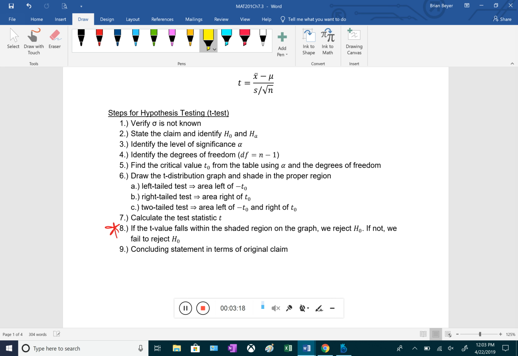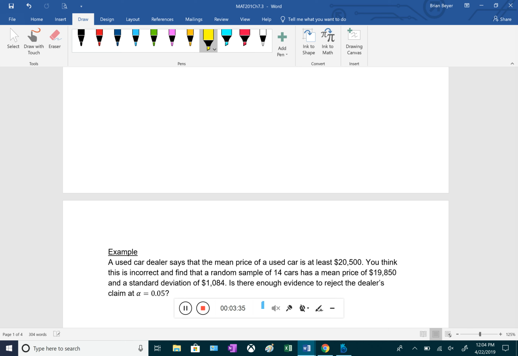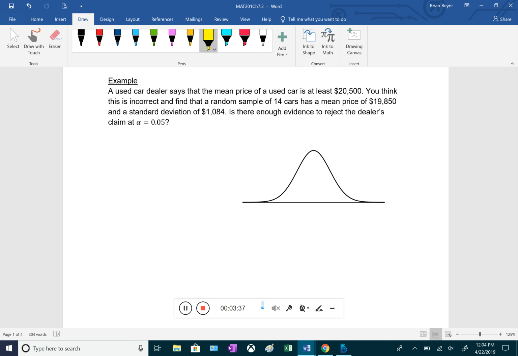If not, we fail to reject the null. And once again, we come up with a concluding statement in terms of the original claim. Pretty complicated, a lot of steps here, and we're doing this a little differently than with the z-test. So let's do three examples of each kind of test.